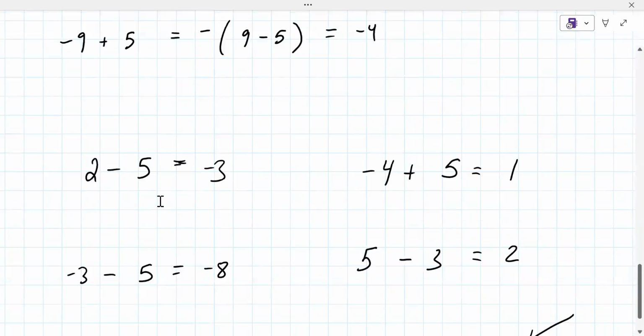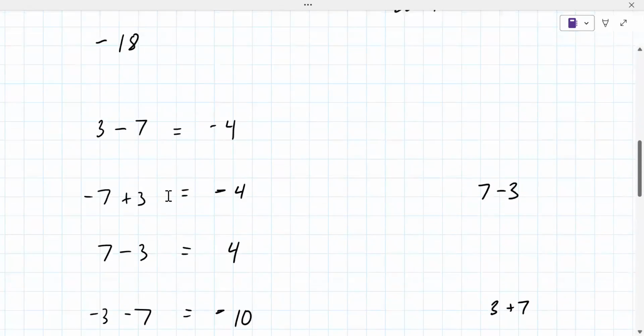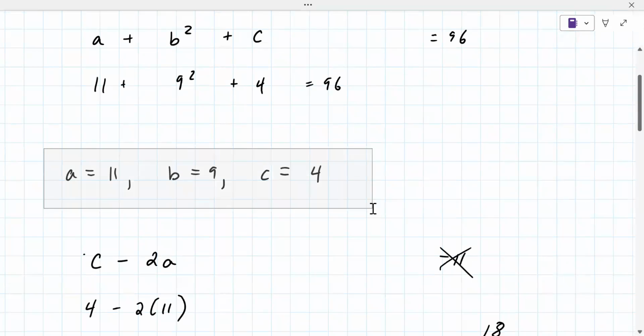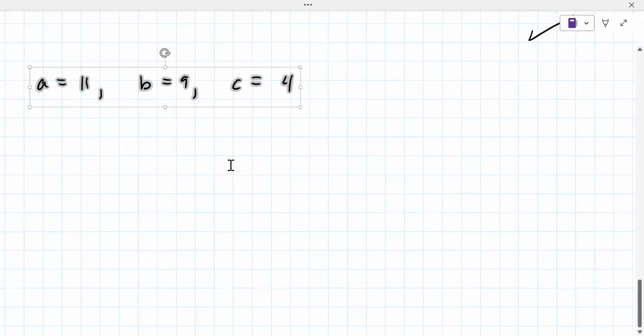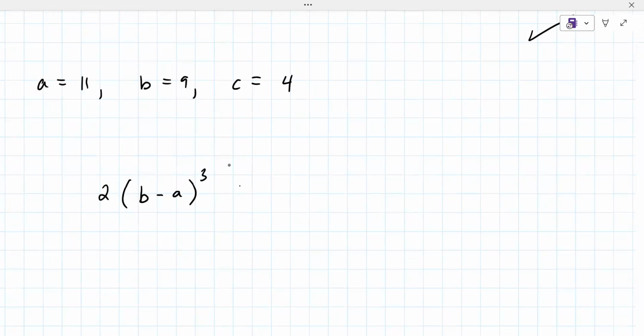So going back to where we were starting, I'm going to grab these again. I want to give you one more order of operations problem to think about. Let's go 2 times b minus a cubed plus c squared. Okay.